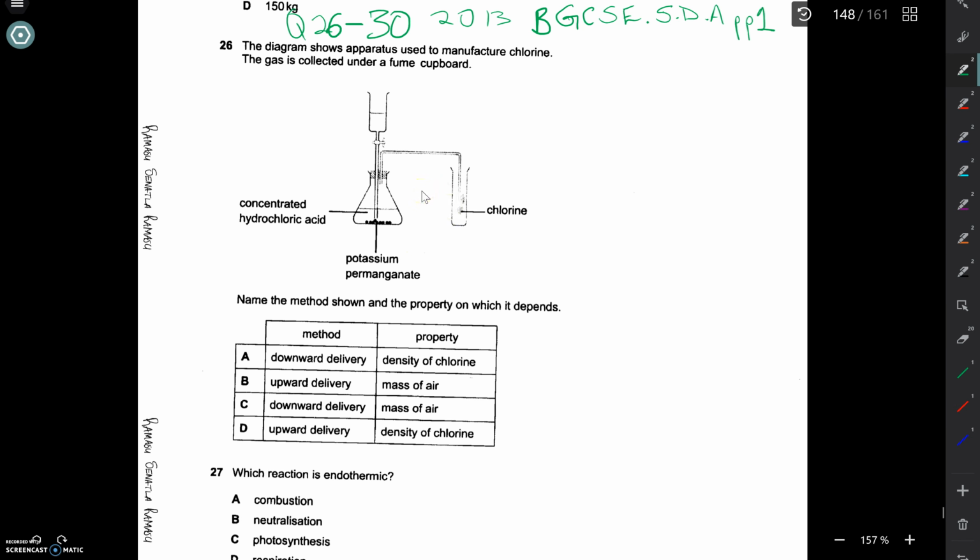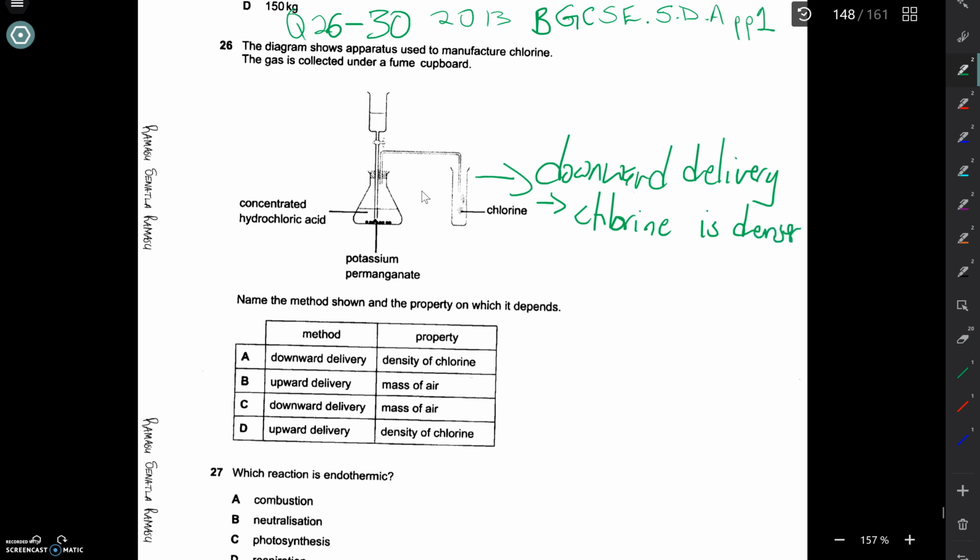Now this method is called downward delivery, right? And it depends on the fact that chlorine is denser than air. It is kind of like when you have, say, a beaker of water.